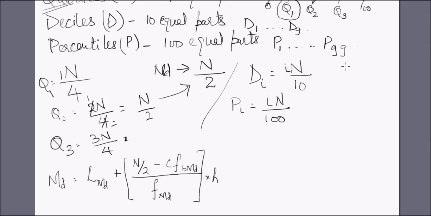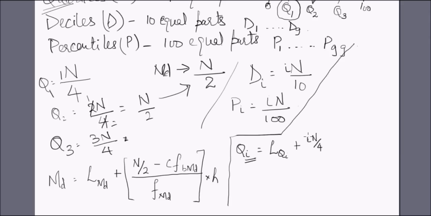Okay, in the same way, the formula for quartiles, deciles and percentiles would be similar. The only thing is that for quartiles, let's say Qi, I'll have to take the lower value of the quartileth class plus, instead of n by 2, now I will have n by 4, because quartile divides the data into 4 equal parts, and that would be multiplied by whichever quartile I'm finding, whether it's first, second or third.